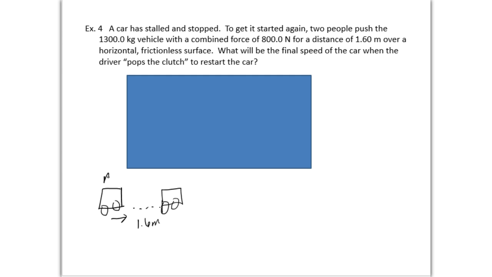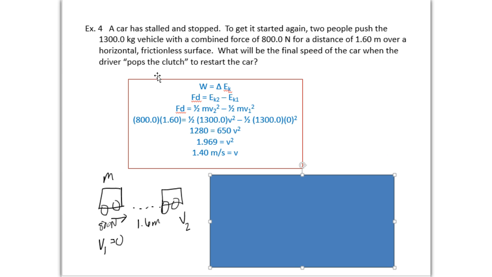You know the mass of the vehicle. You know that the velocity at the beginning, because it stopped, is 0. And you're asked to find V2. And the amount of force to get the car to move, the applied force, was 800 newtons. So work is your change in kinetic energy.